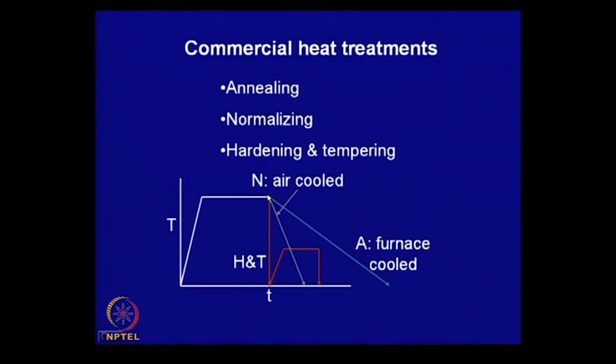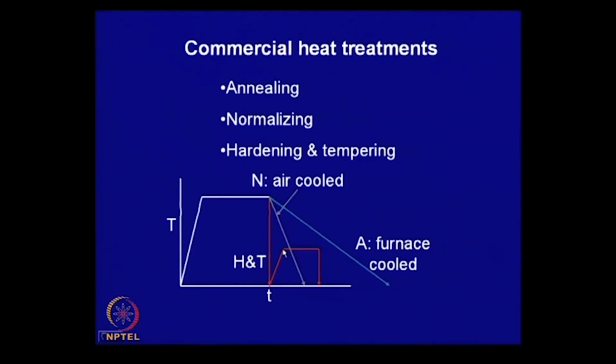one way you can cool, extreme, you quench in water, a very high rate of cooling. This is the treatment called hardening. After hardening it is given a tempering heat treatment where you raise the temperature to a level, some say 100 degree, 150 or 350, but certainly much lower than the eutectoid temperature.